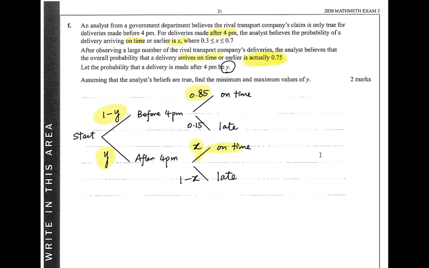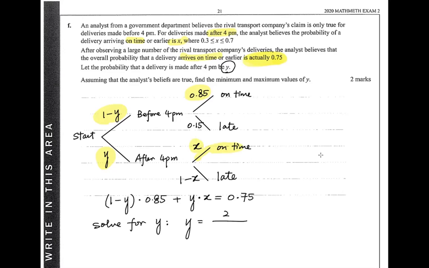So (1 minus Y) times 0.85 plus Y times X equals 0.75. If you use a calculator to solve for Y, you should get Y equal to 2 over (17 minus 20x).